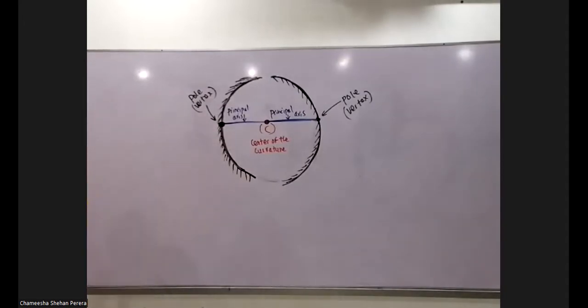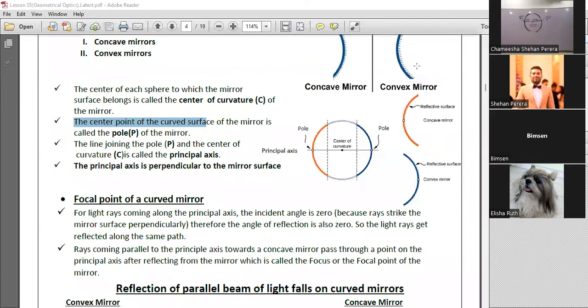I hope it is marked as the principal axis in your diagram. If not, you can mark it, that's better. Mark this line, highlight it if you want, and mark it as the principal axis. Mark it here and mark it as the principal axis.